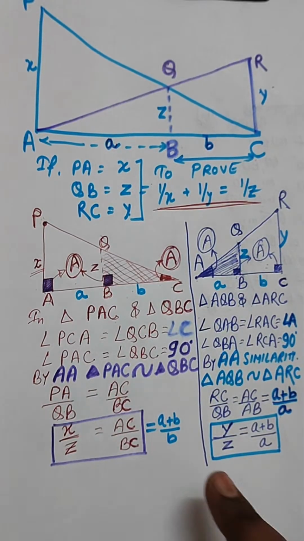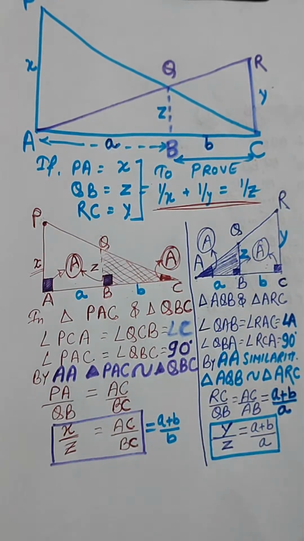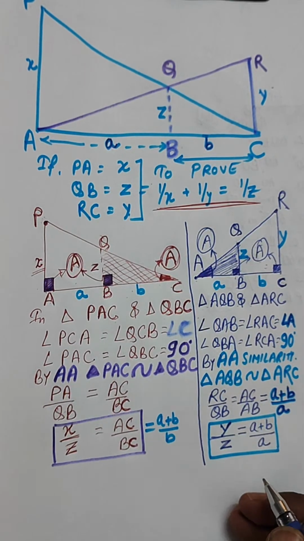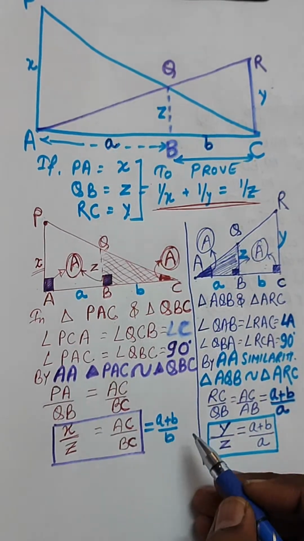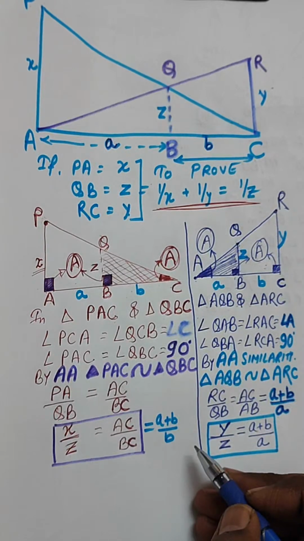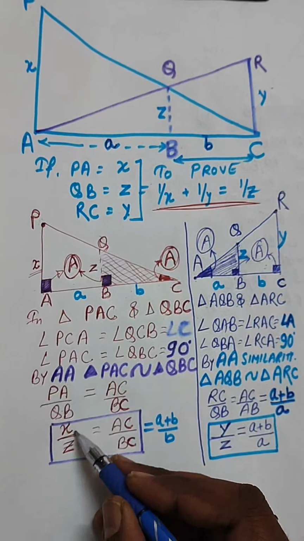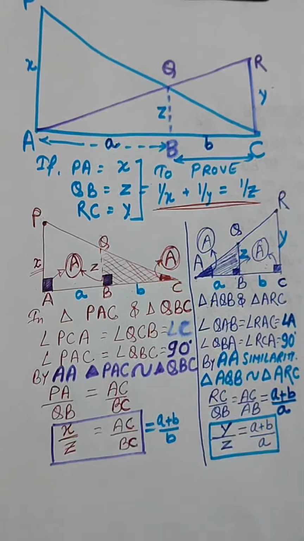So from here you can see, if x by z is a plus b by b, then what is the value of z by x? Z by x will be equal to b by a plus b.